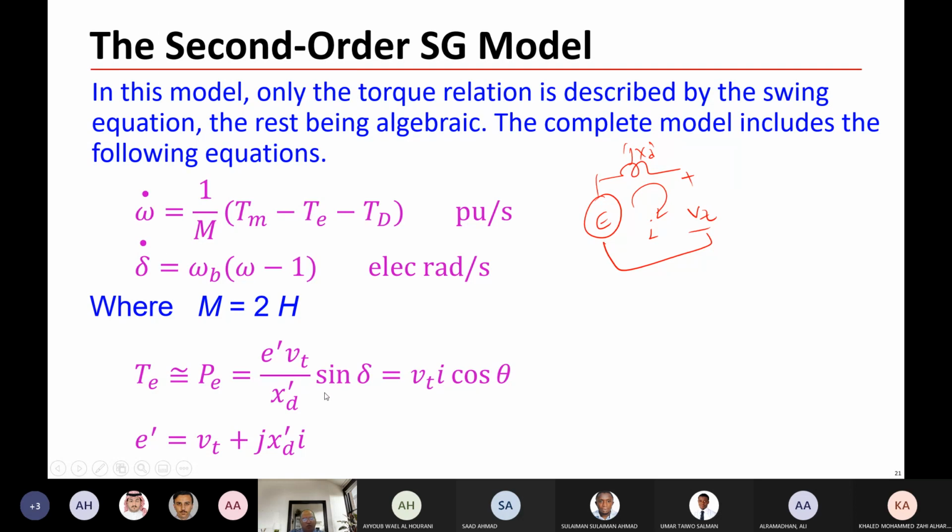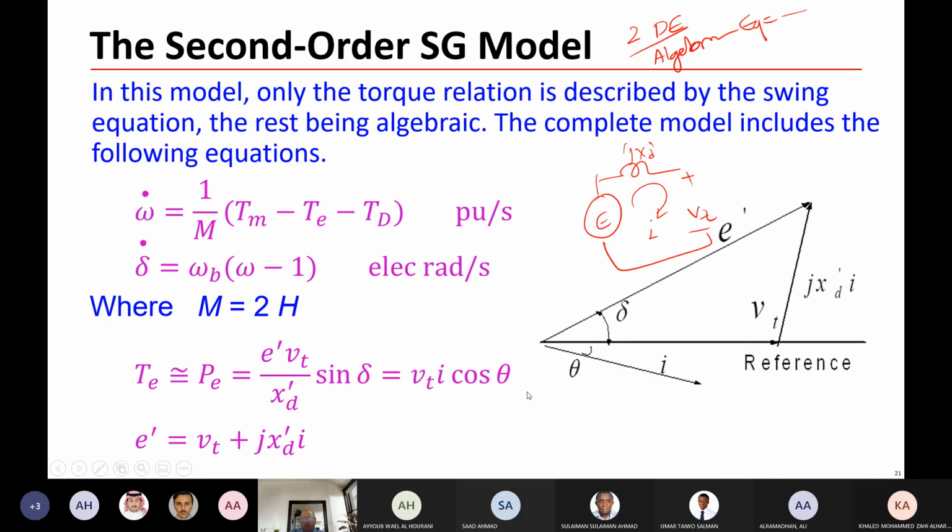When we say second order model, we have two differential equations, but of course we also need some algebraic equations, which are the algebraic equations of Vt and E prime.